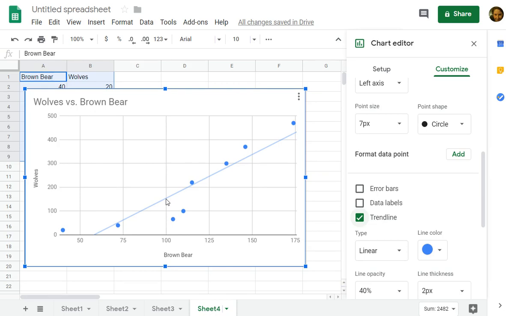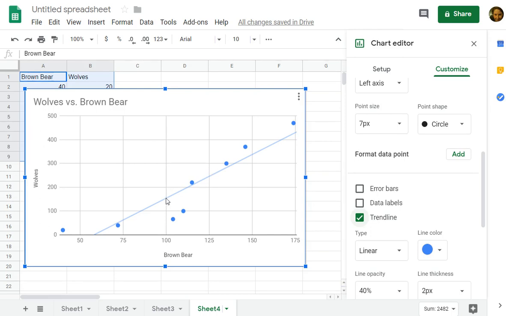The other kind of prediction I can do is talk about how the two populations change together. So I'm here where there are 100 brown bears and 150 wolves. Say I go up to 125 bears. So I've increased my number of bears by 25. How much have my wolves increased?